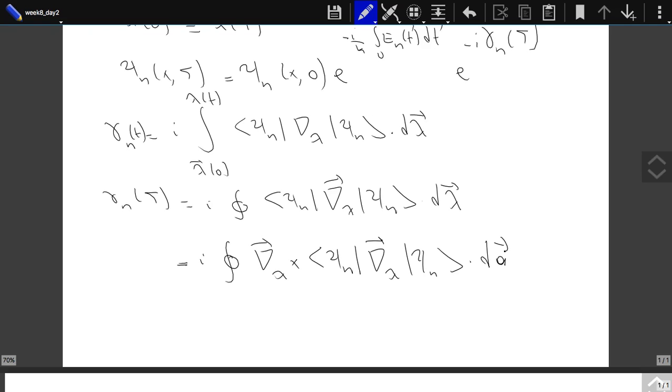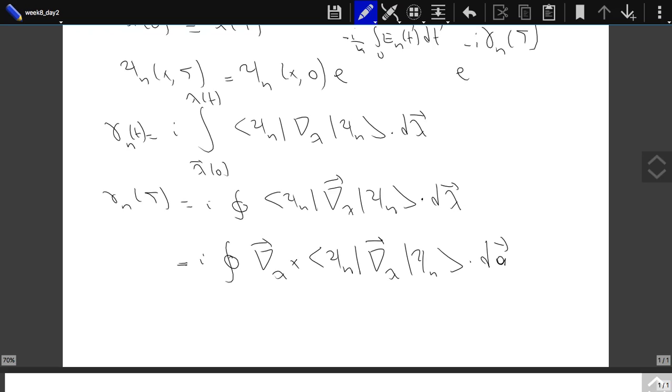This gradient is in that space, and this curl is also in that space. Either we can write it as a line integral in this parameter space, or as a surface integral in the same parameter space. Also it's evident in this final expression that if you have a single parameter, you cannot really have a Berry phase.